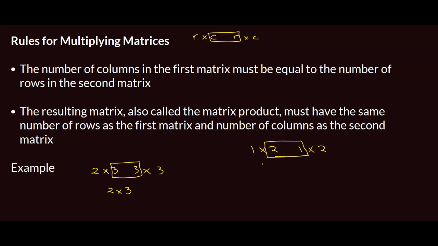So one thing I want you to see here also is that in multiplying matrices, it's not always true that A multiplied by B is equal to B multiplied by A, because you have to obey the rules of the matrices that we have covered in this part of the lesson.